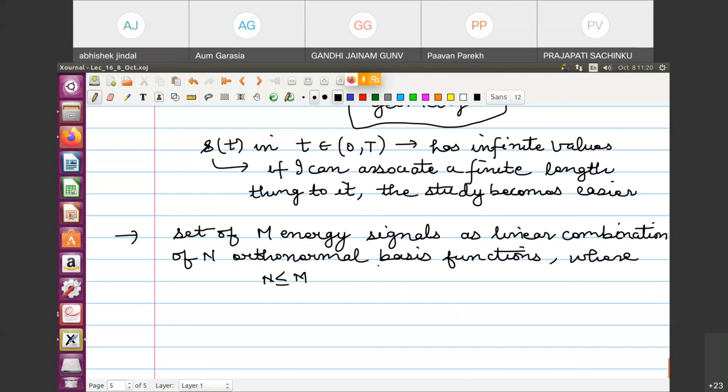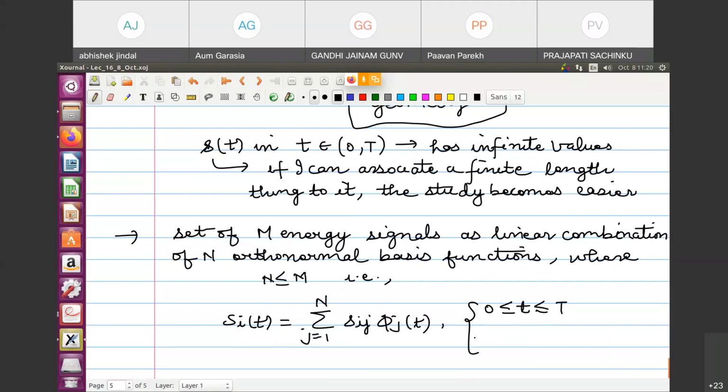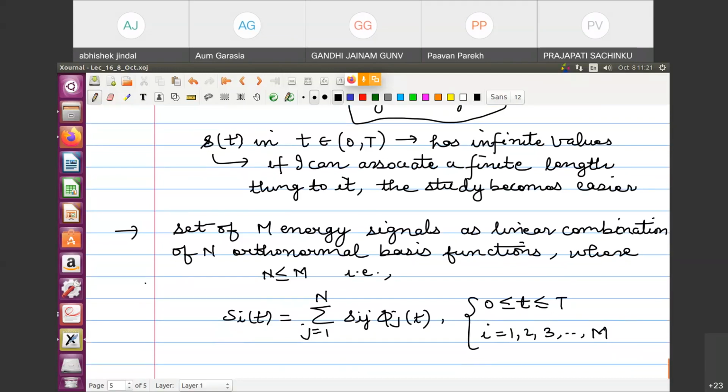Okay. That is, what we want to do is s_i(t) is equal to the summation j equal to 1 to N of s_ij phi_j(t), for i equal to 1 to M. So this is our purpose.